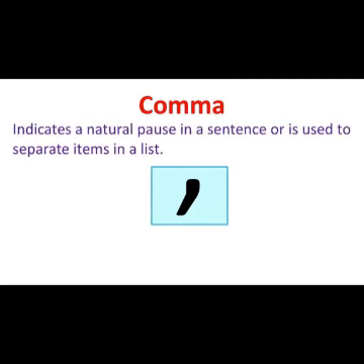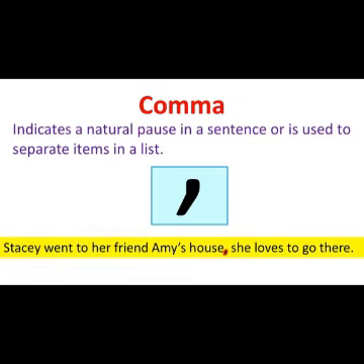comma. A comma indicates a natural pause in a sentence or is used to separate items in a list. For example, Stacy went to her friend Amy's house. She loves to go there.